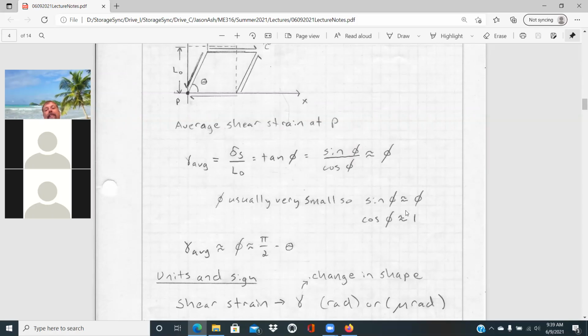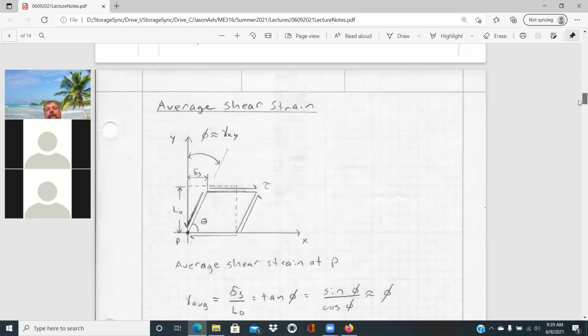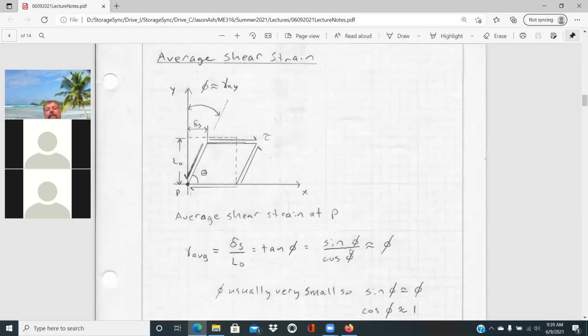And these are approximates now, so that would be approximately equal to that angle phi. And so that's one thing to be aware of, that transition along, and that our average shear strain is going to be approximately equal to that phi value, that angle. But as the shear strain gets larger and larger, it's going to diverge away from that angle and equal then the tangent of that angle.